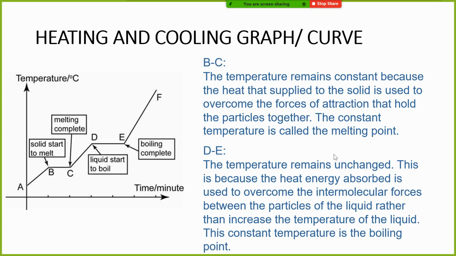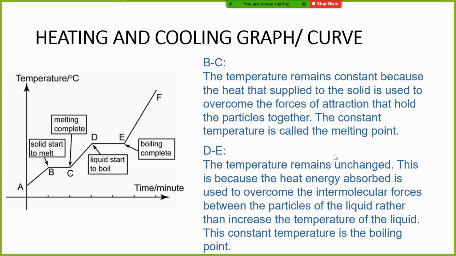When you're melting the ice, you're still applying heat to it. Now, what we're saying is that there is no increase in the kinetic energy. However, there is going to be heat required to essentially overcome the force of attraction.